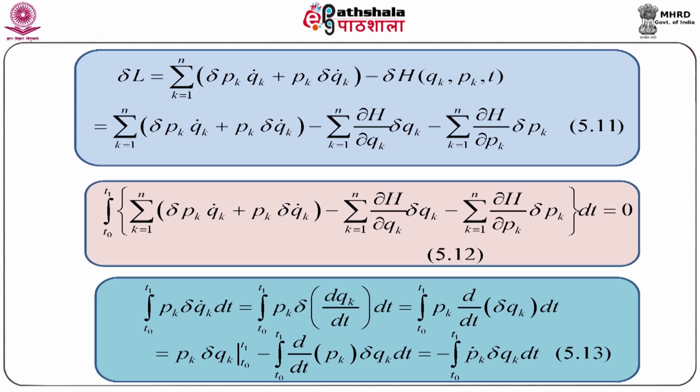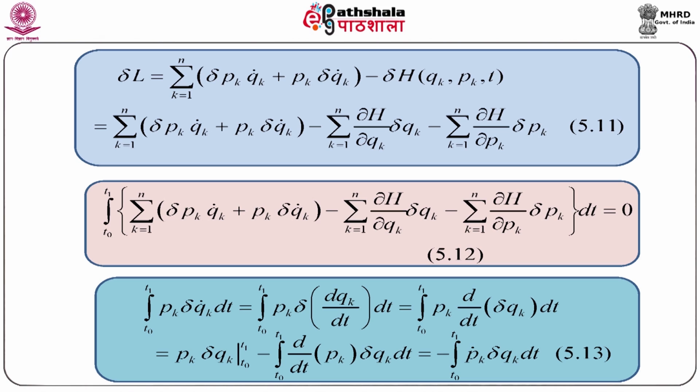Now, integration t0 to t1 of pk delta qk dot dt equals integration t0 to t1 of pk delta dqk/dt dt. If we interchange d/dt and delta, then we get integration t0 to t1 of pk delta qk dot dt equal to integration t0 to t1 of pk d/dt of delta qk dt.